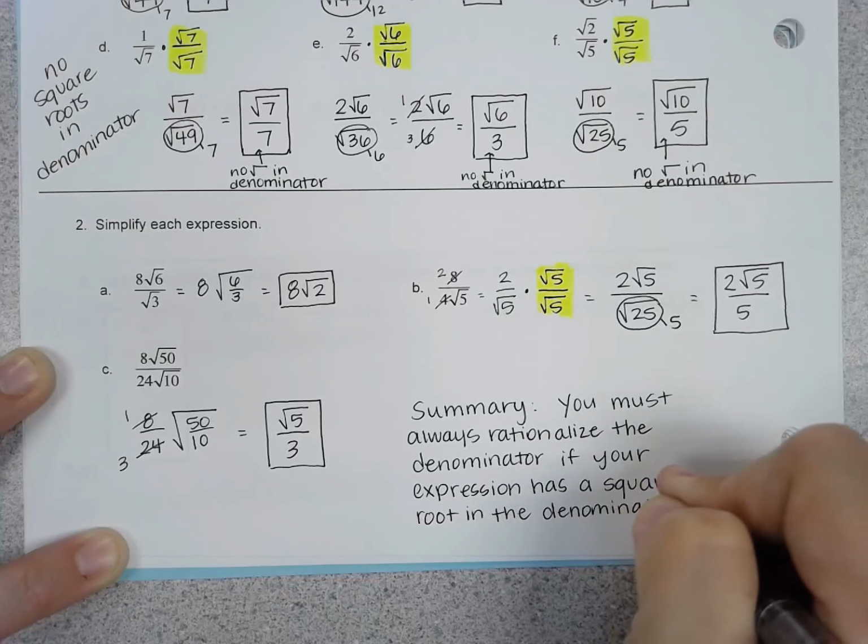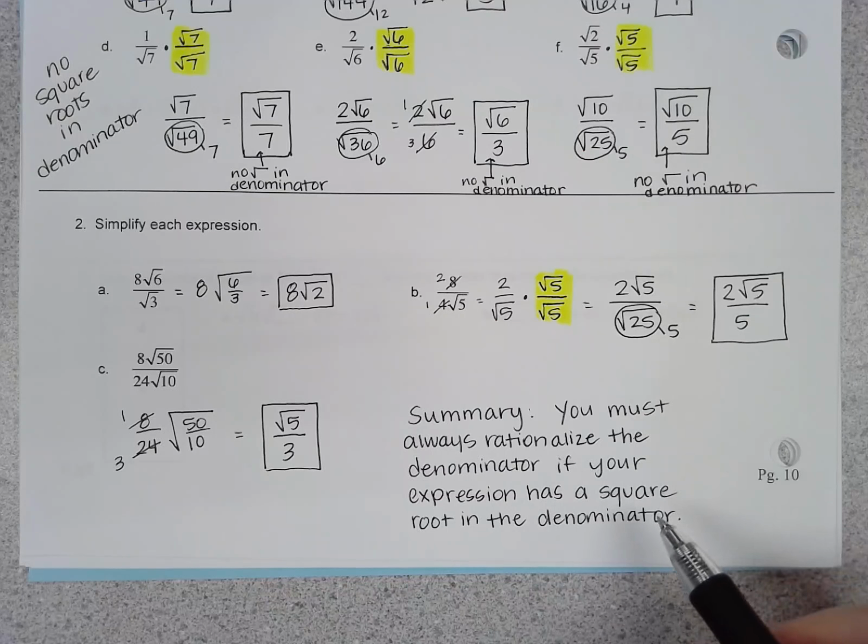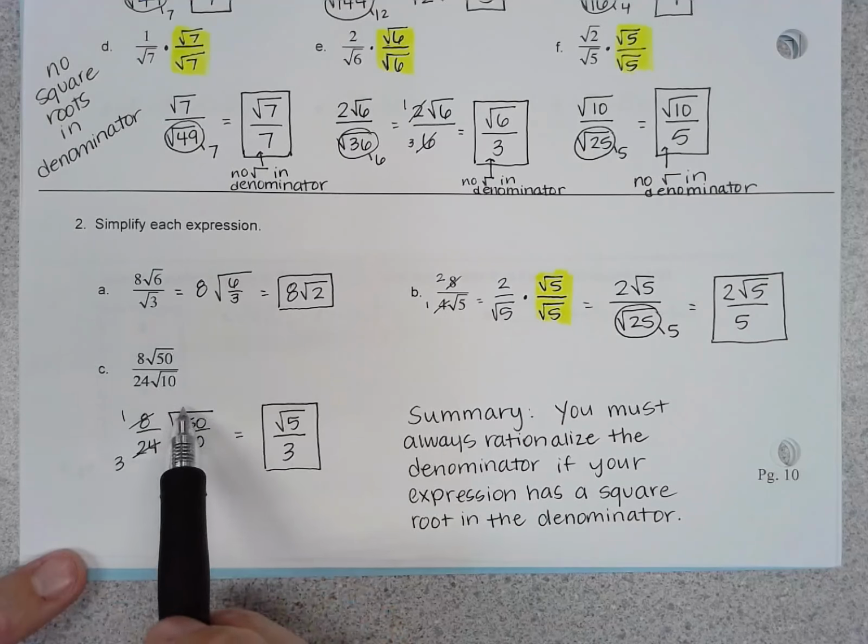And you know that it's true that you don't always have to rationalize the denominator if you have a square root in the denominator, because sometimes you can work around it.